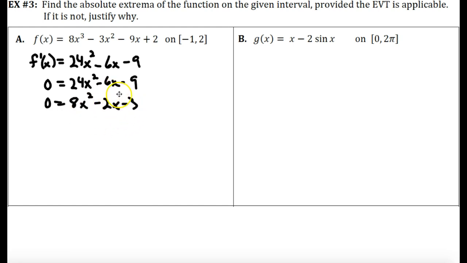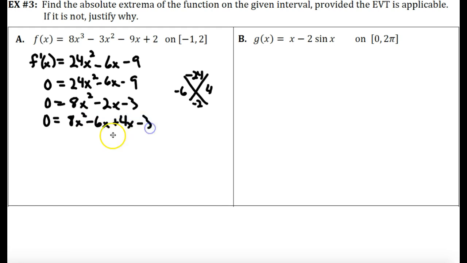Now let's see if we can factor. I'm looking for values that multiply to -24 that add to -2. I believe -6 and +4 would work. Remember, when a isn't equal to 1, this means we're factoring by grouping. So 0 equals 8x squared minus 6x plus 4x minus 3, and then we group.